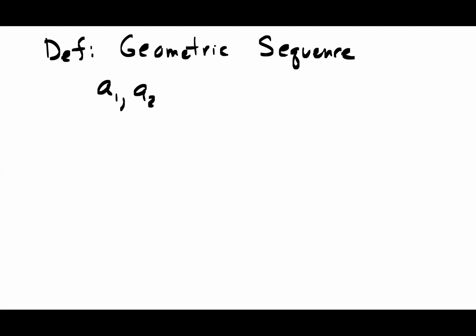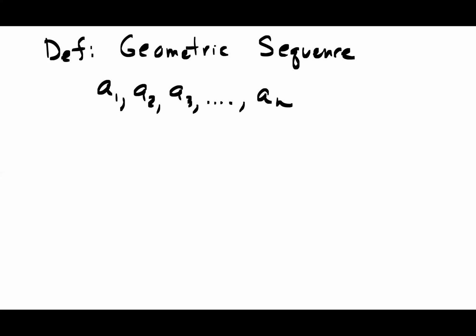Anyways, let's go to a proper definition before we go on. The definition of a geometric sequence. Let's begin. This is a geometric sequence: a1, a2, a3, and so on, all the way to an.